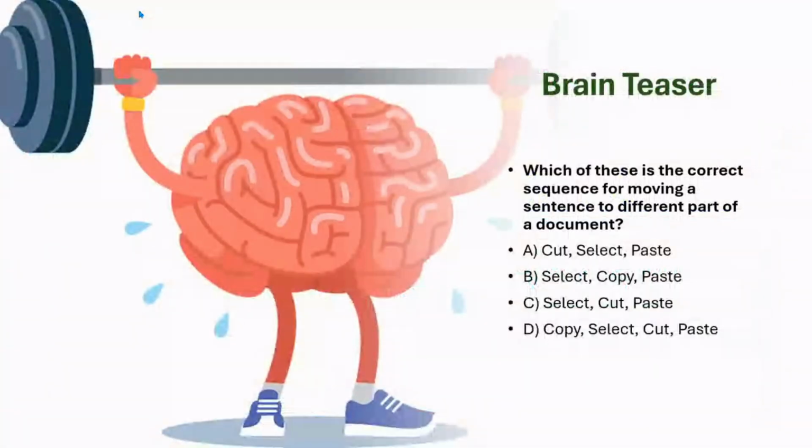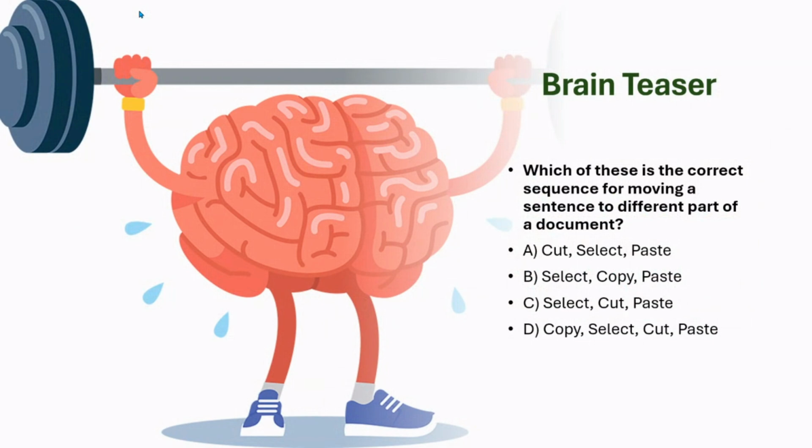Alright, so here is a small brain teaser. Which of these is the correct sequence for moving a sentence to different parts of a document? Is it that we're going to cut, then select, then paste?